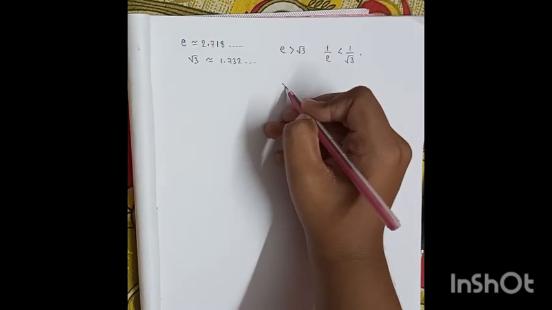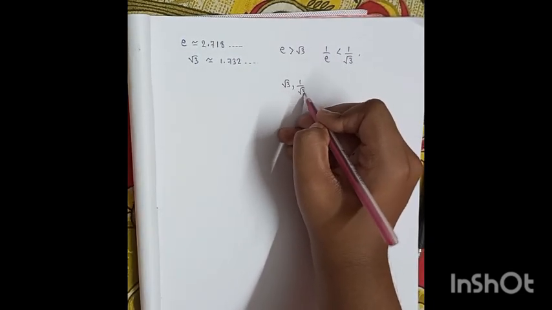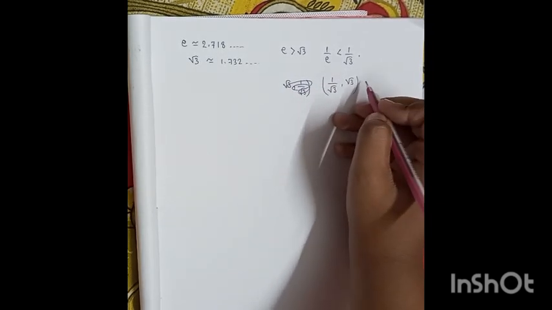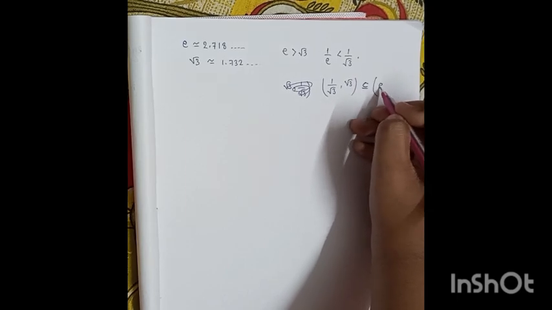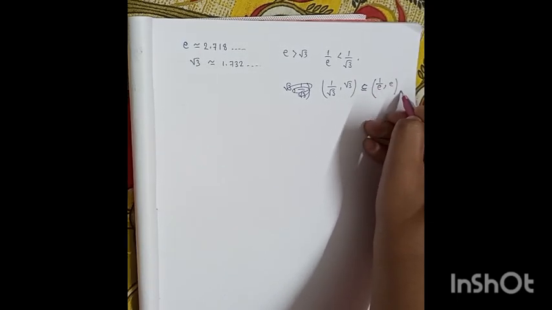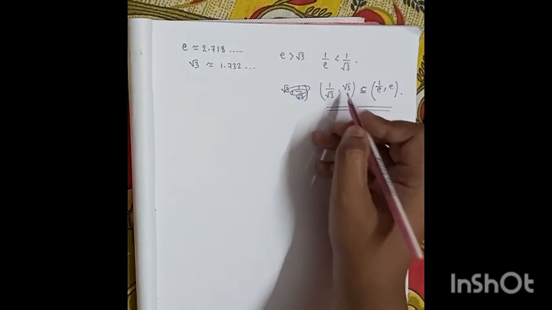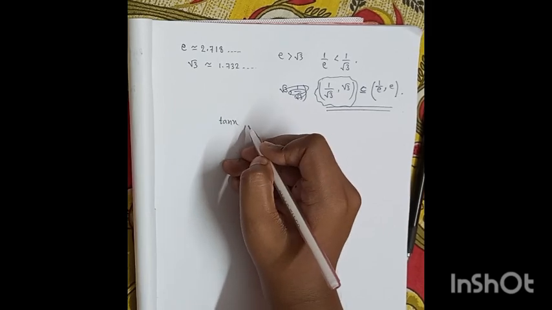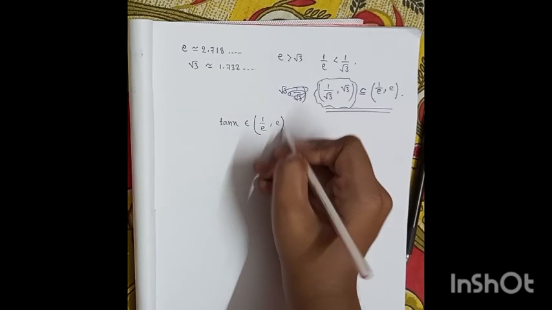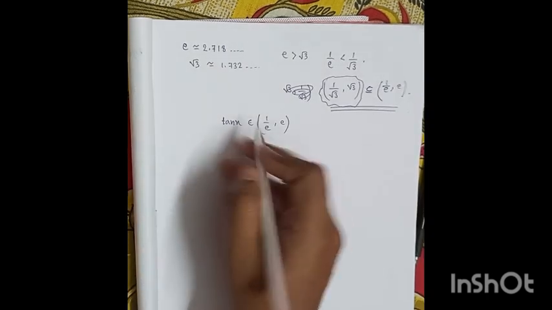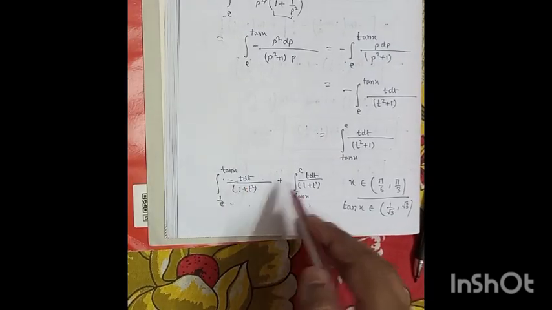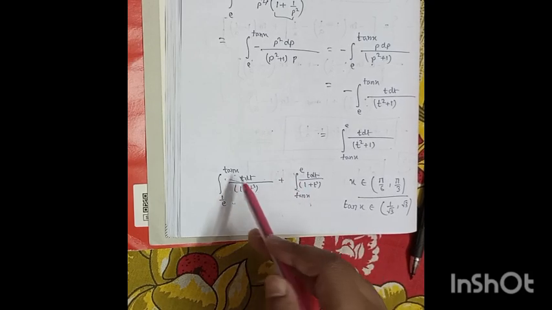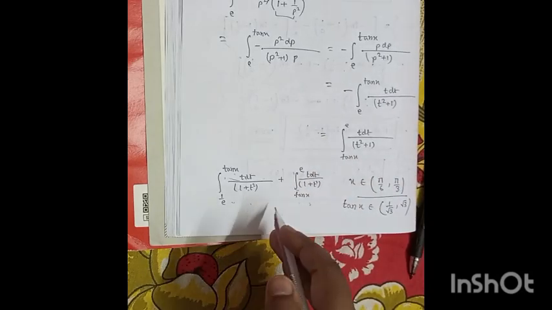As a result, the open interval 1 by root 3 to root 3 is a subset of the open interval 1 by e to e. So as tan x lies here, tan x belongs to this open interval. So we can directly add these two integrals, as tan x is an interior point of the open interval 1 by e to e and the integrand is the same.